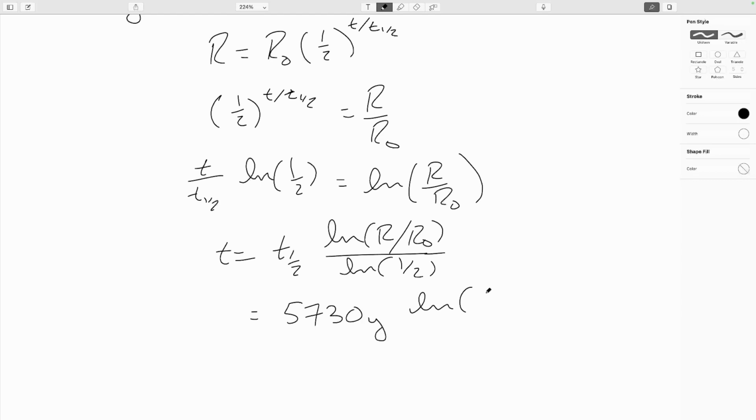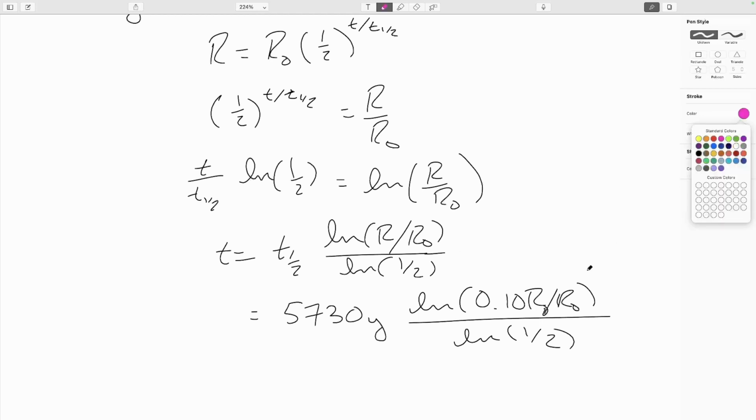So we multiply by the natural log of 0.1, since we decayed down to 10% of our initial rate, over the natural log of 1/2. Now, the R naughts will cancel. It's useful to estimate these things.